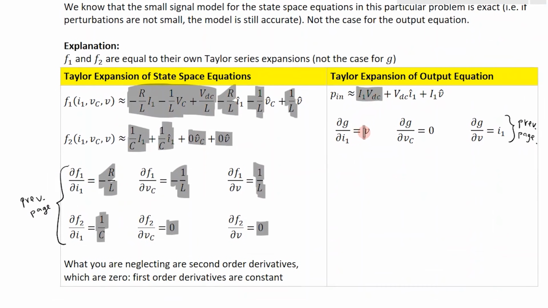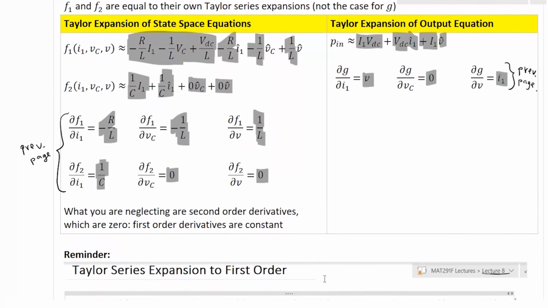So you see this derivative, except remember, when we're finding the Taylor series expansion, we need to find the derivative and evaluate it at the expansion point. So this is exactly what I'm doing here. And then times the corresponding perturbation I1 hat, and then plus, well, I didn't put the term corresponding to this because it's 0. And then we have I1 capital, value of the derivative, times the corresponding perturbation. So it's the same thing.